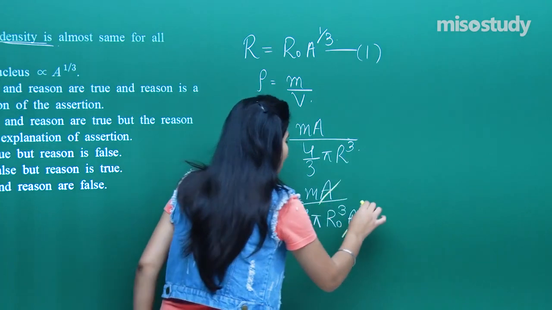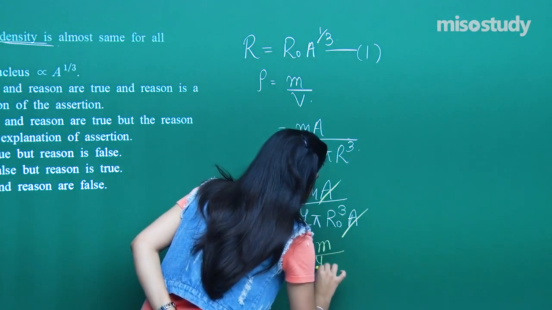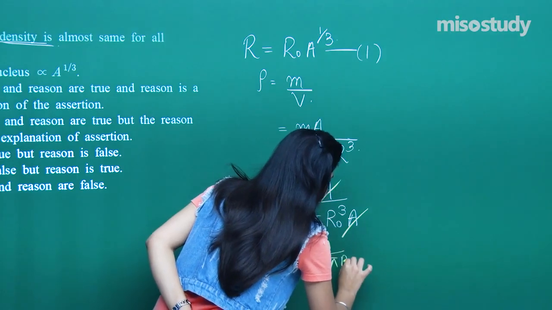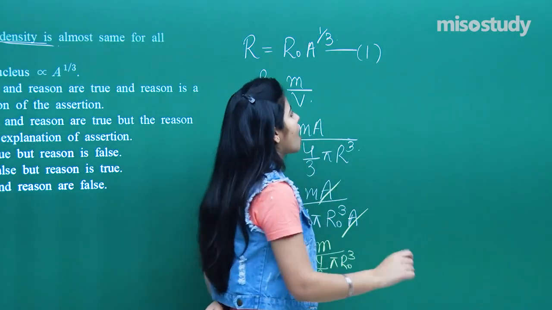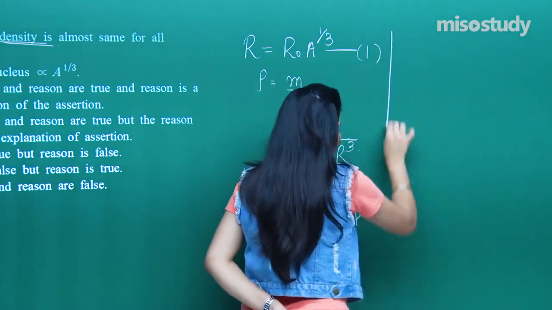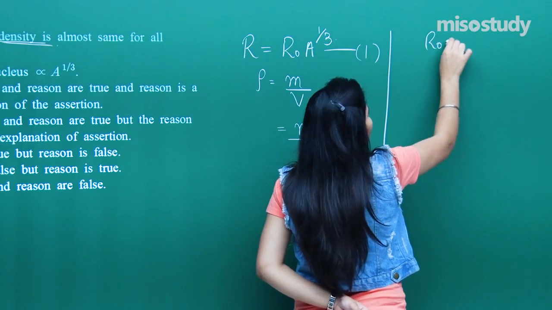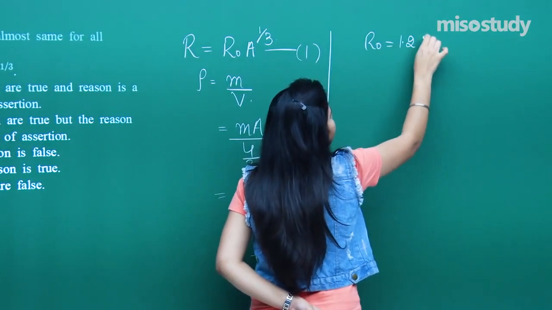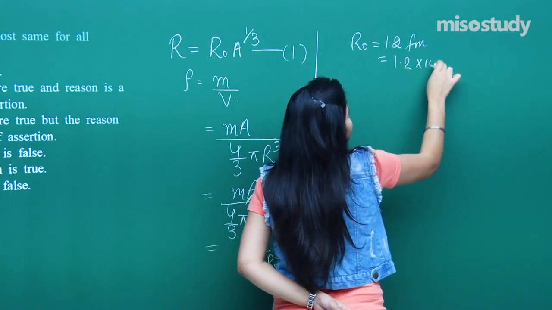Your density is in the range of m upon 4 by 3 pi r naught cube. Now as I told you, r naught is a constant value which is 1.2 Fermi. Fermi is what? 10 raised to the power minus 15 meter.